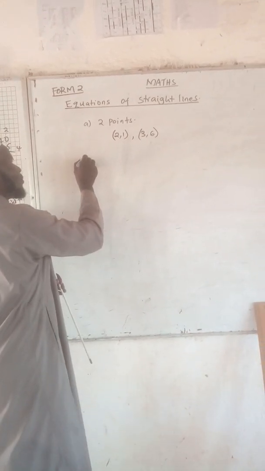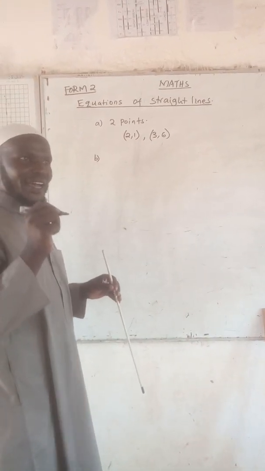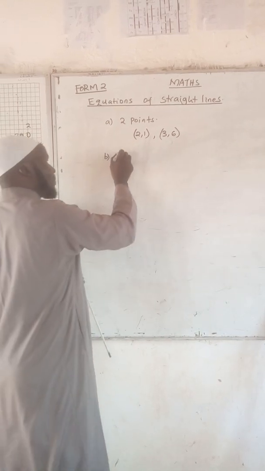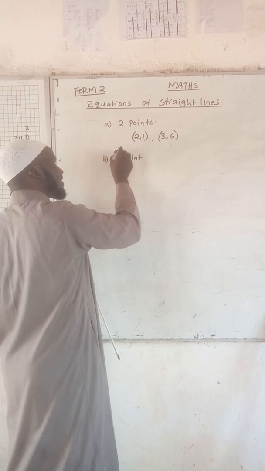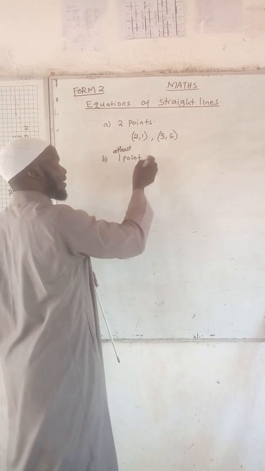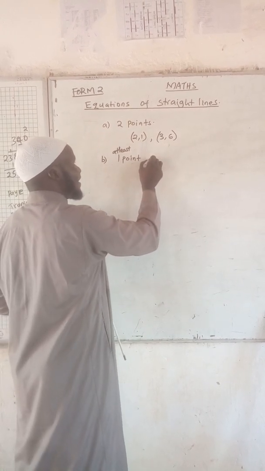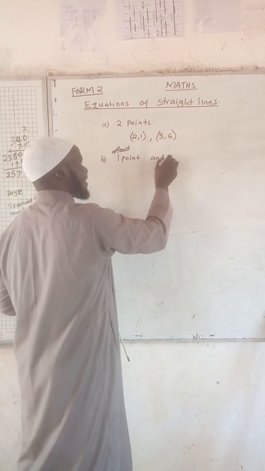Number two that you must have is 1 point, at least 1 point, and its gradient.